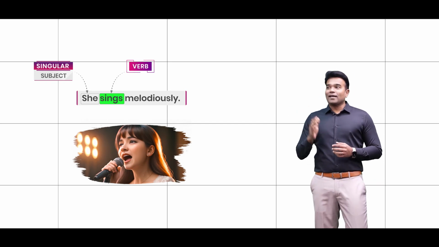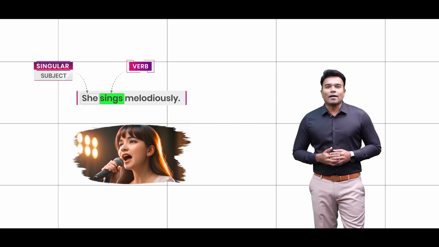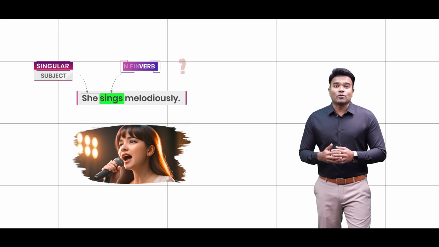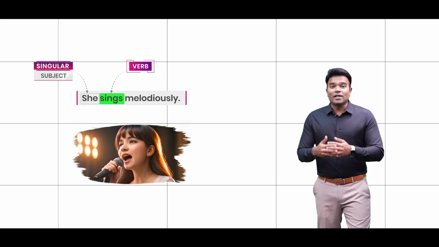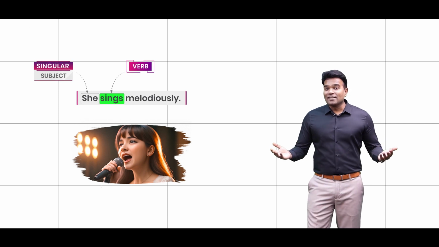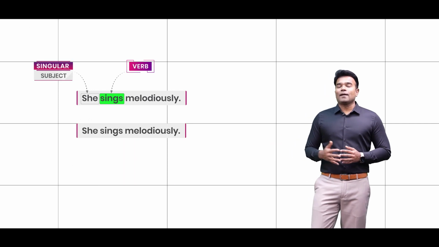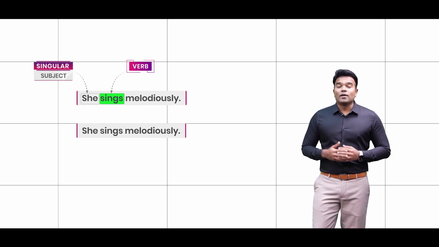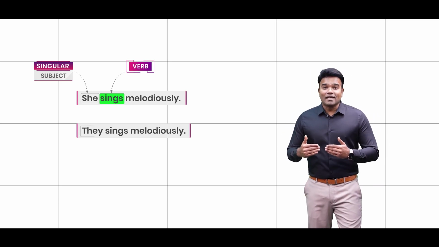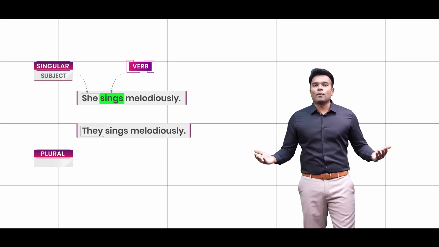If you really have to verify whether sings is a finite or a non-finite verb, all you have to do is change the subject number. What I mean to say is that she is a singular subject, and what you have to do is make it a plural subject. You know that if I replace she with they, then obviously you have transformed the singular subject to the plural subject.